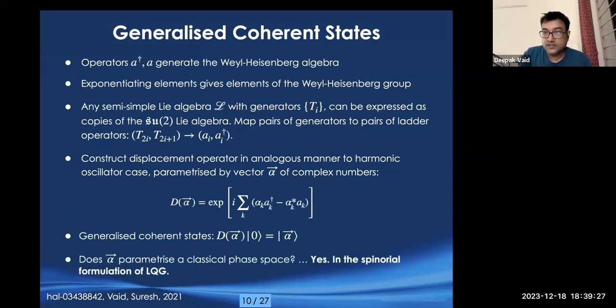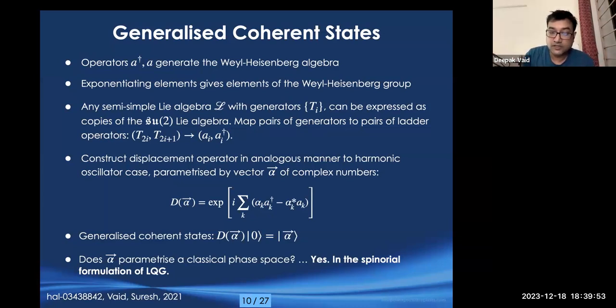Now, while you can do this formally, it's also important to check that these parameters alpha actually correspond to a point in some classical phase space. In the normal harmonic oscillator case, we know that they do.